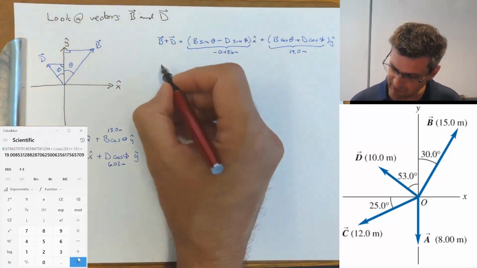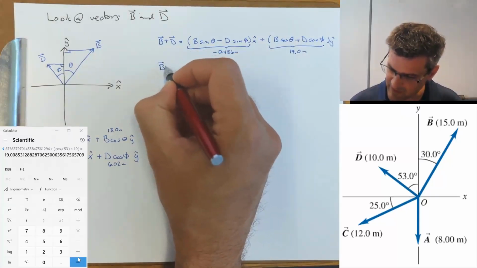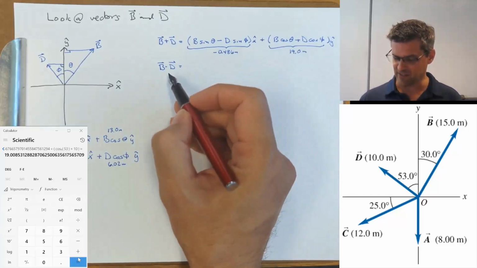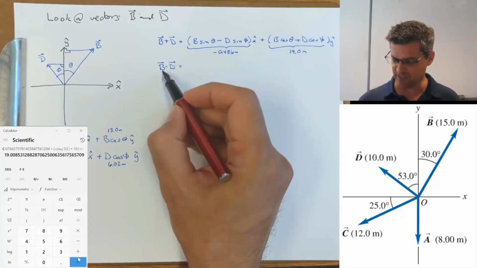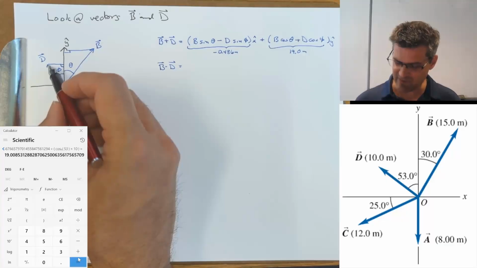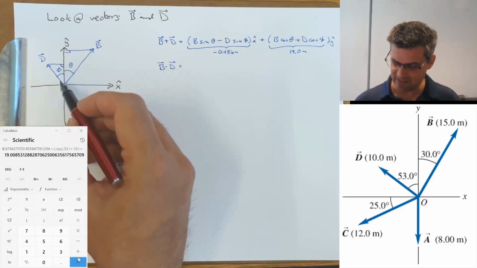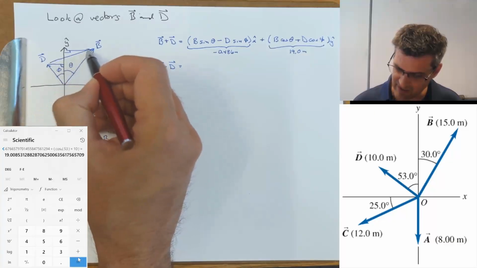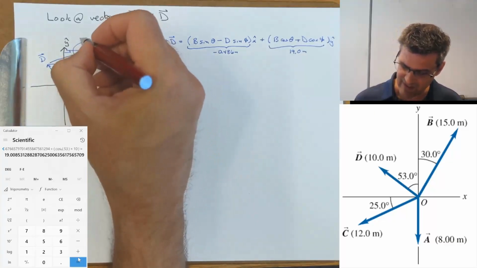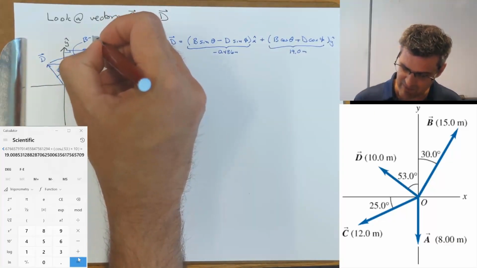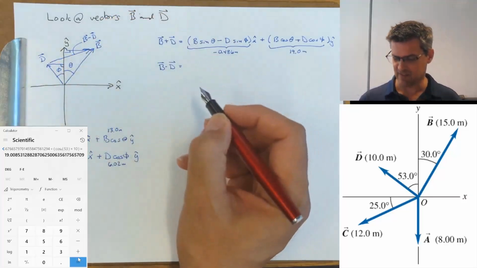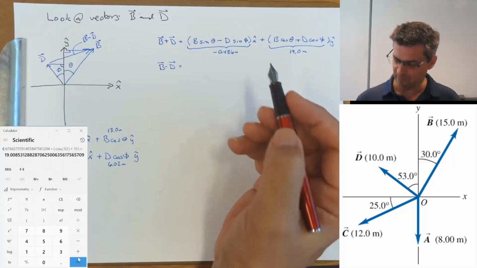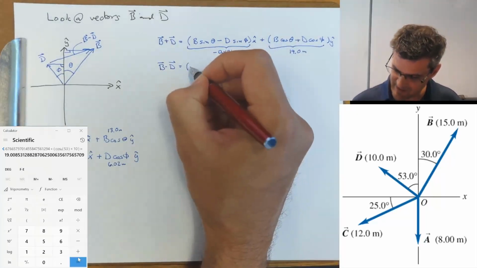What if I wanted to look at B minus D? Now again, this is going opposite D plus B. That is the same thing as starting at the tail of D, subtracting D, adding B. I should get a vector that looks like this. This is B minus D. So it should be to the right, it should be up. How would I write this?